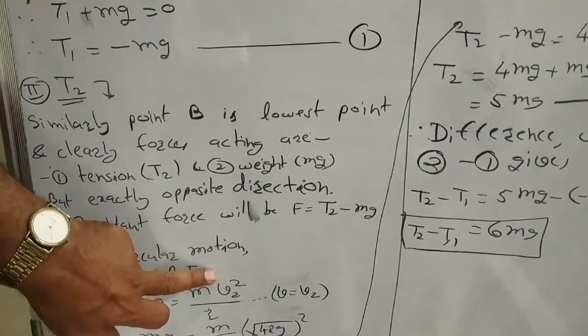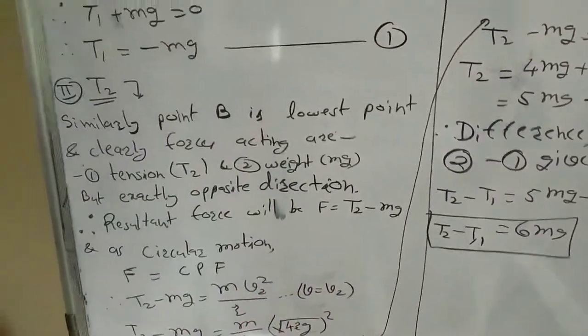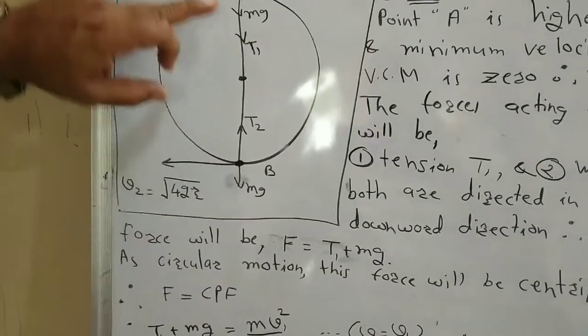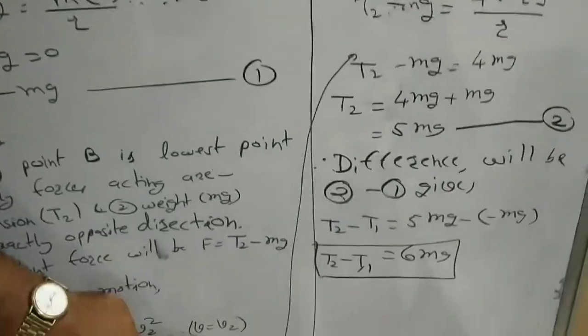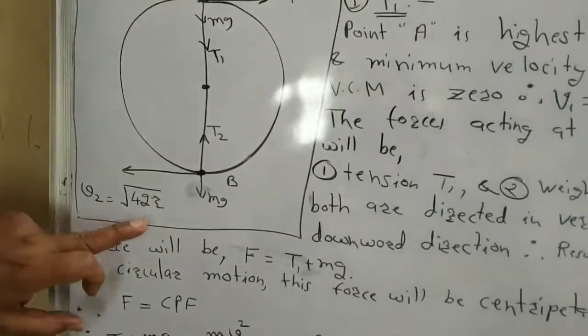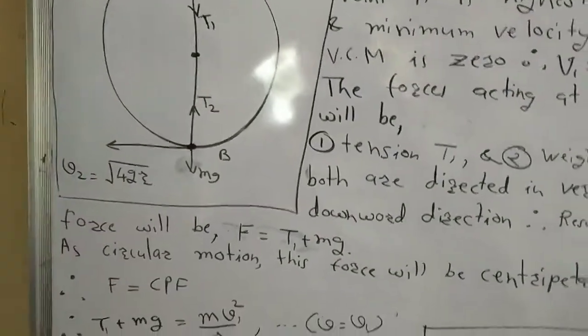Now in this case, v is nothing but v2. The velocity at point B is different from the velocity at point A. We call it V2, and we obtained the expression for V2 in the previous lecture: V2 is equal to under root 4gr.